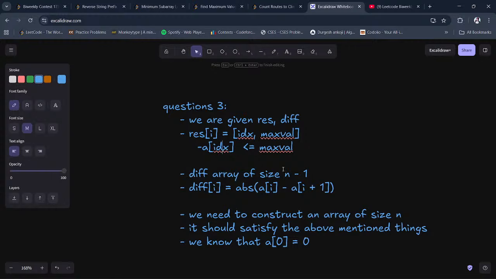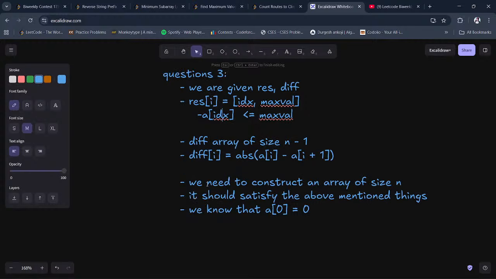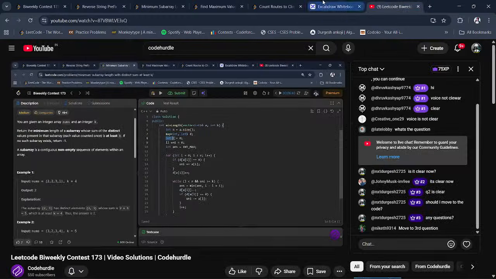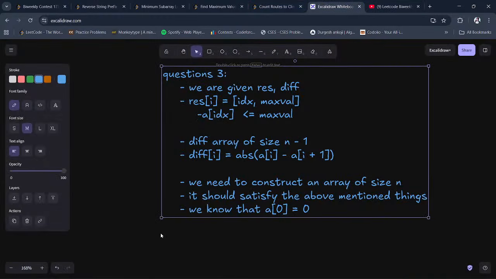We are given a difference array of size n minus 1, where difference of i equals the absolute value of a of i minus a of i plus 1. It is like an adjacent difference, right? So we need to construct an array of size n. It should satisfy the above mentioned things. We know that a of 0 equals 0. So what do we know?